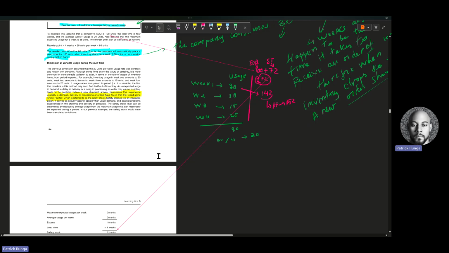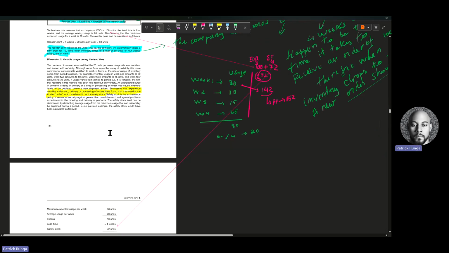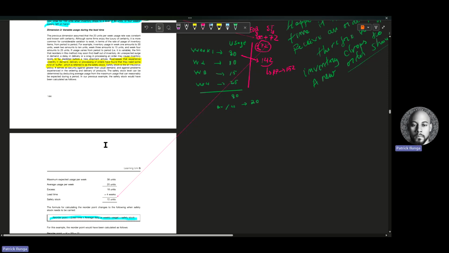Okay. So in this case, for example, when we have a fluctuation, remember in our initial example, they gave us an average of 20 units per week, but they said that the maximum expected usage for a week is 38 units. So meaning it could be higher, right? 38, more than 20. So how are we going to do?